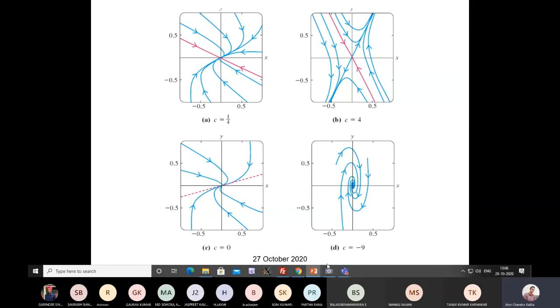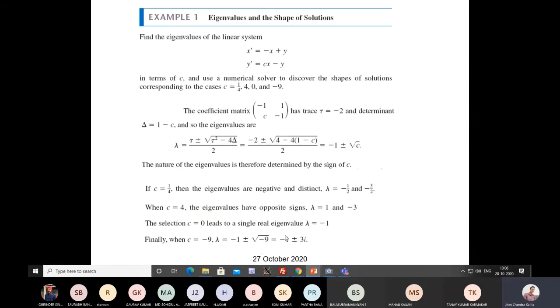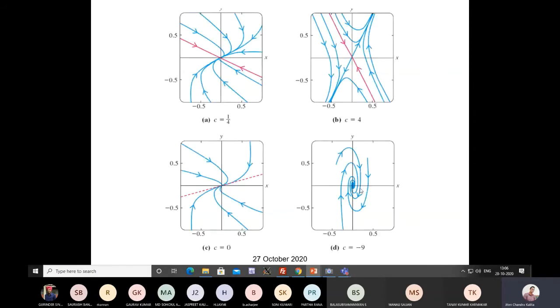And then when you have complex eigenvalues, corresponding to say c equal to -9, you can see that all the trajectories are converging towards the origin in the shape of a spiral. So these are called spirals. I am going to describe all of them.